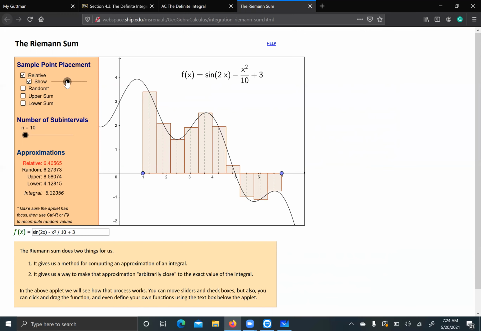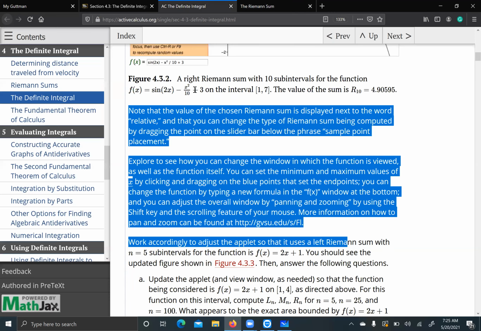And if you want an arbitrary number, you can just click random, and then within each subinterval, or within each rectangle, the software picks a random value to do the calculation. And then it calculates the approximation for you. The relevant approximation is the area of these rectangles, which we use in order to approximate the area under the curve.